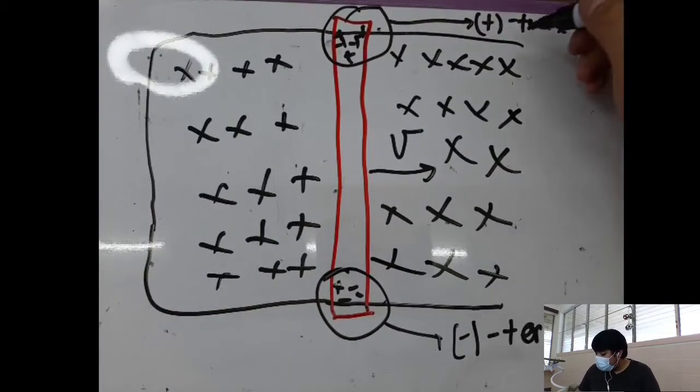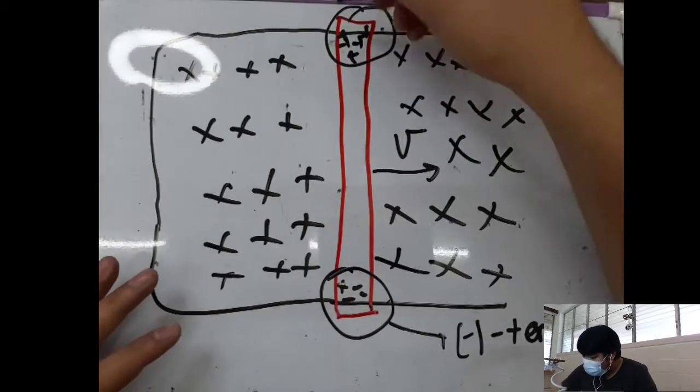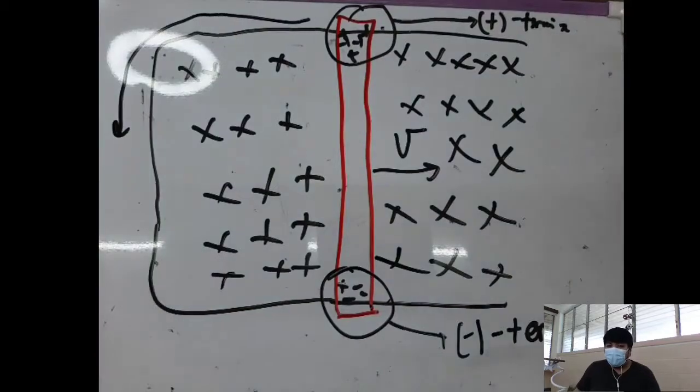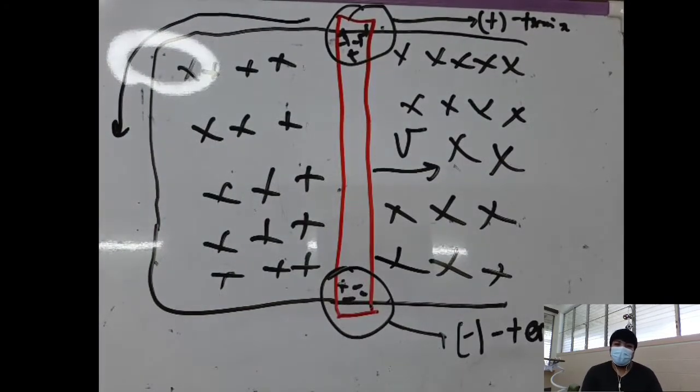So we have a positive and a negative terminal here. Since a current is a movement of positive charges, which as a chemist I personally rebuke, because I do not believe that holes or vacant orbitals move.